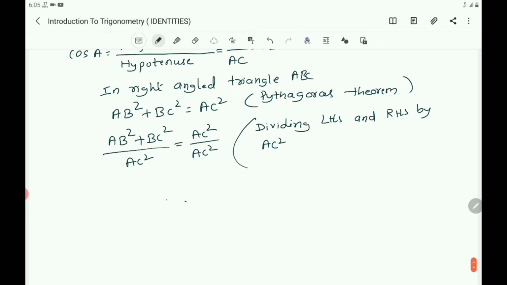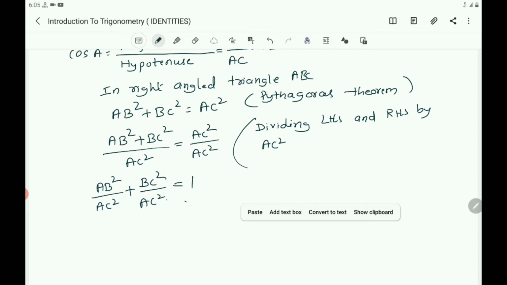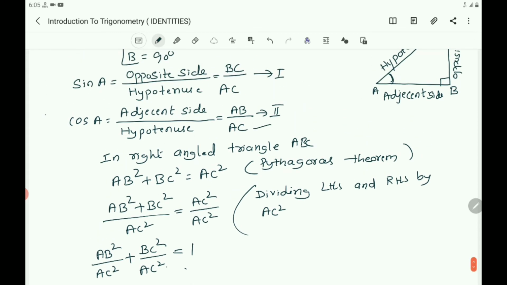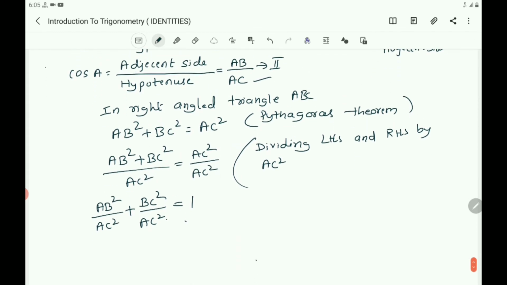Then you divide each term: AB square by AC square plus BC square by AC square equals 1, since AC square by AC square is 1. And you know that AB by AC is cos A. So you write AB by AC whole square plus BC by AC whole square equals 1.